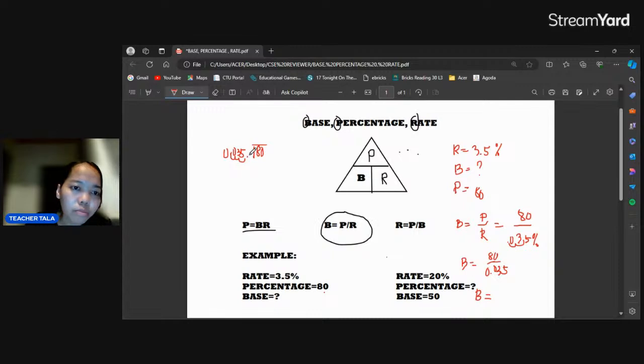So tatlong beses. So we're also going to move 3 places to the right. So that's 1, 2, 3. So nandito na yung decimal point. So magiging 80,000 divided by 35.